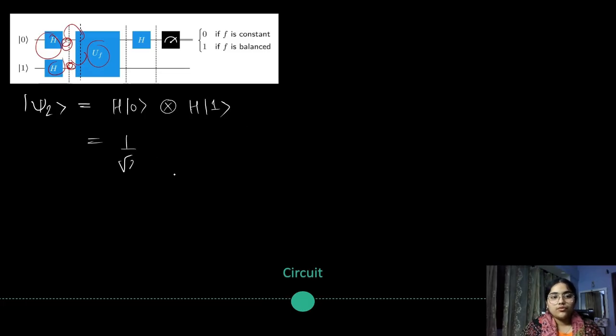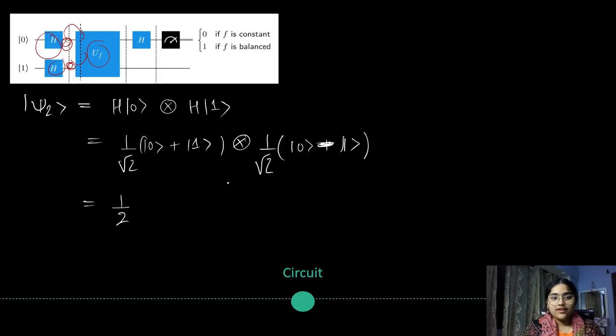That's 1 by root 2 times 0 plus 1, tensor product with 1 by root 2 times 0 minus 1, so that's 1 by 2. If we solve this tensor product, it goes like 0 tensor 0, 0 tensor minus 1, then 1 tensor 0, and 1 tensor minus 1, minus times minus 1.